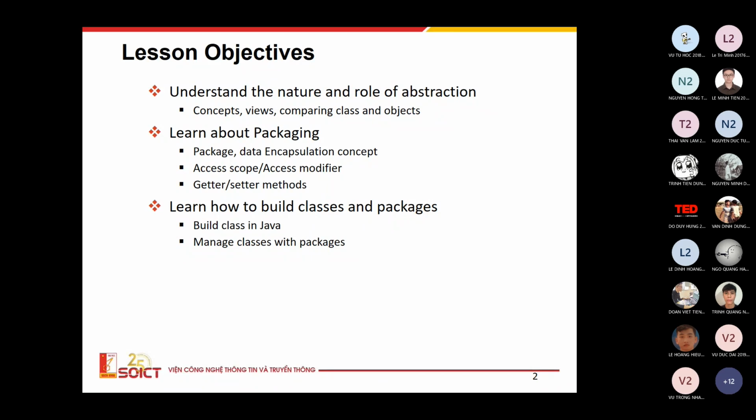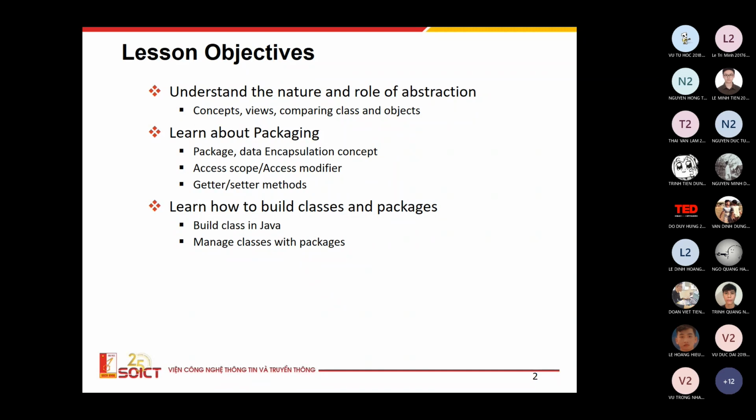You will know about the nature and the role of abstraction. That means you understand the concept. What is the view, and how to compare the definition of class and object.